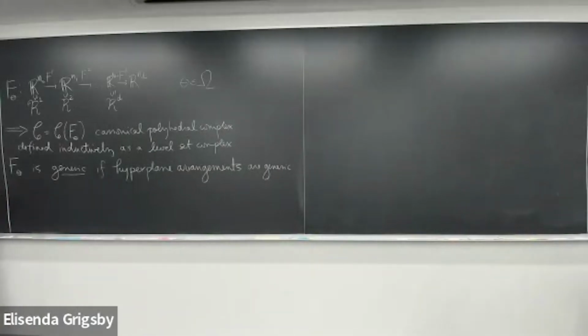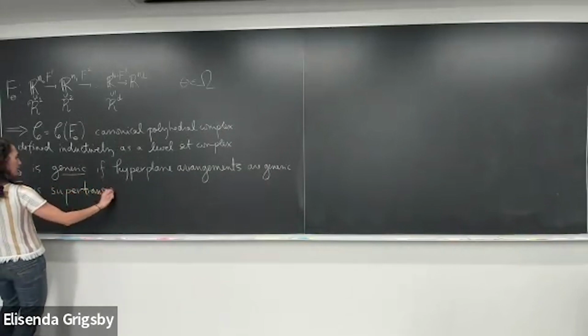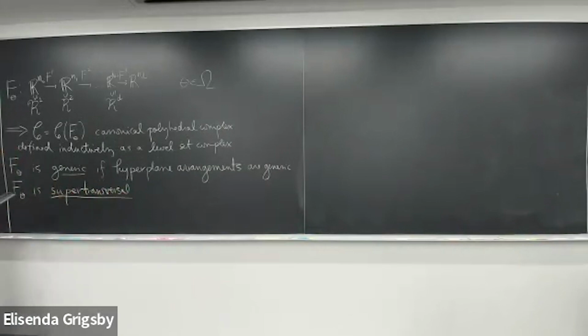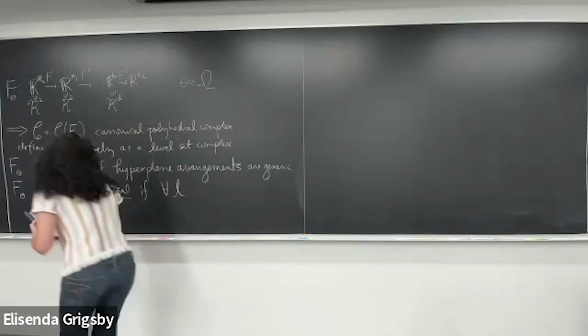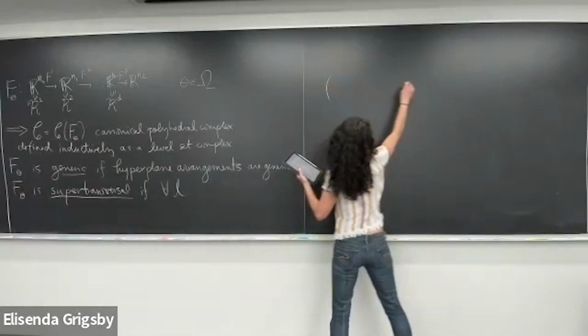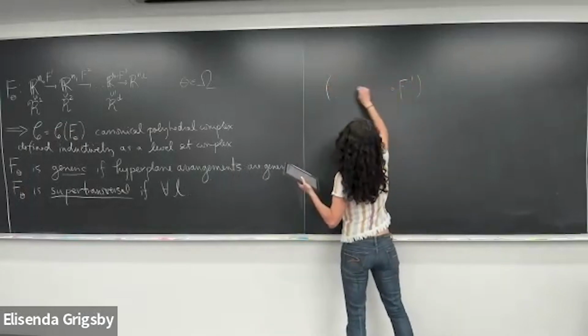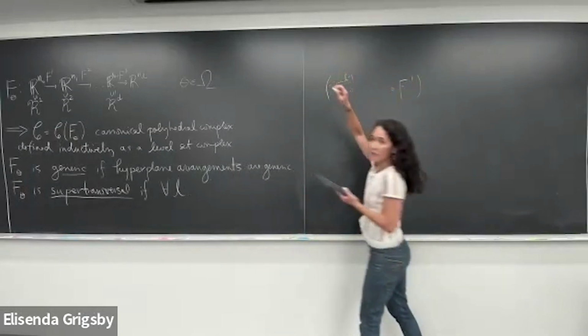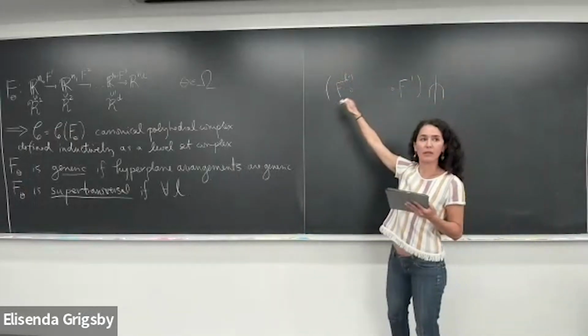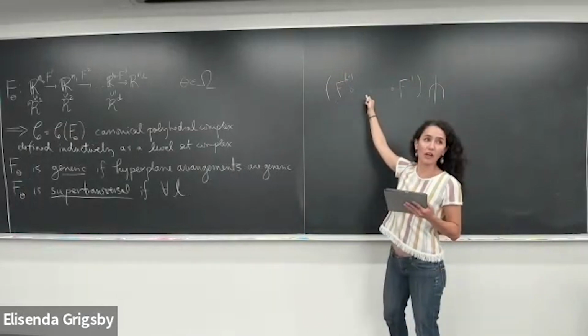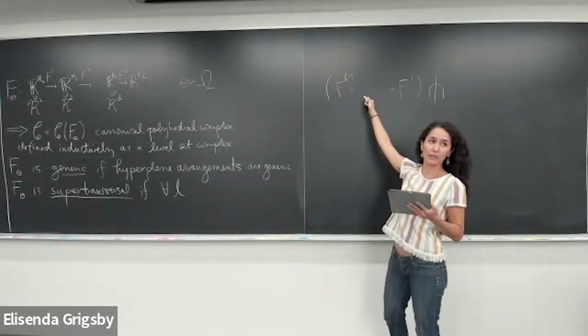And then there was also this important definition: F theta is super transversal if, for all layer maps, when you look at the composition of maps up to the Lth layer, this is now a map that is affine linear on cells of the canonical polyhedral complex constructed so far.